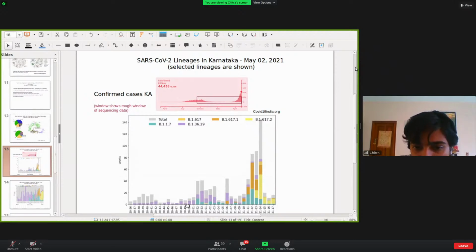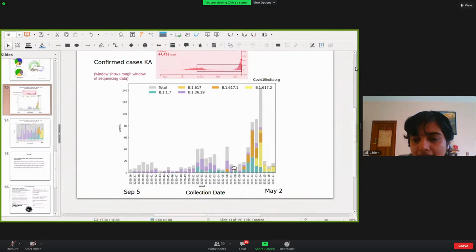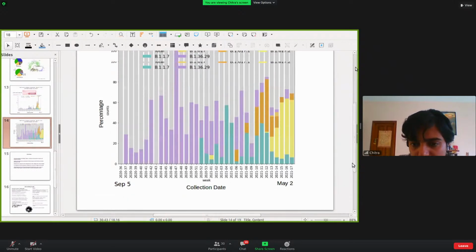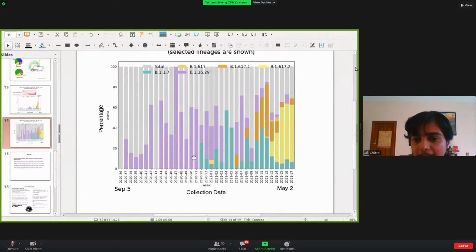We had initially mostly this B.36.29 for a long time as the dominant lineage. Then we have the introduction of B.1.1.7 or the alpha variant, and that got introduced into the community somewhere in March. Sorry about that. And then slowly we see the delta coming in and taking over.